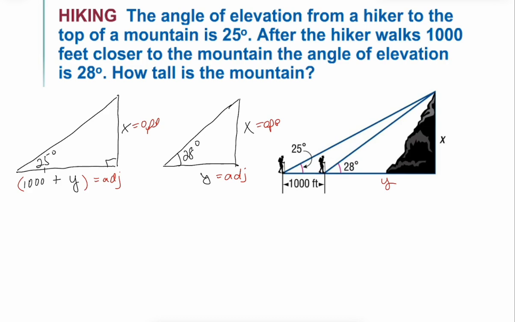So let's set up a tangent that goes with each of them. The tangent of 25 is opposite x over 1,000 plus y. The tangent of 28 is the opposite x over the adjacent y. And let's keep that one in parentheses.